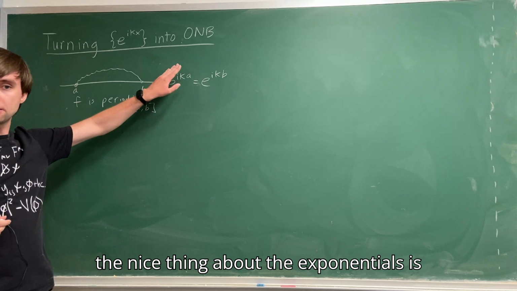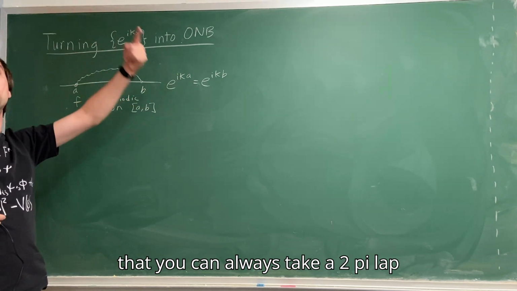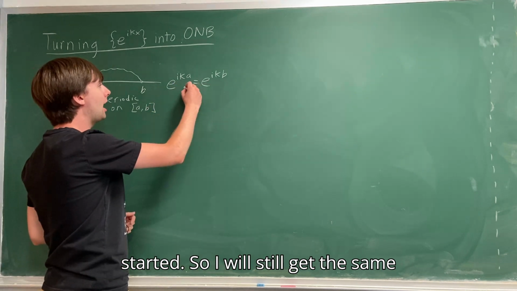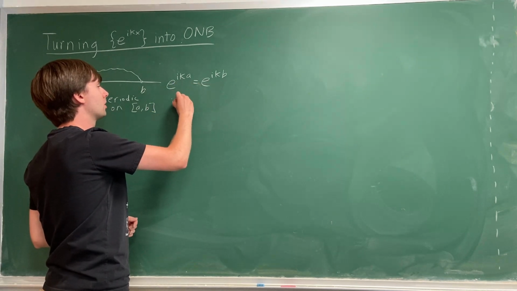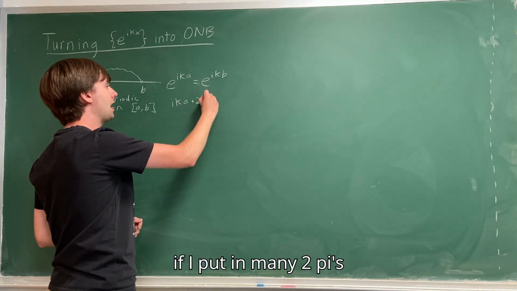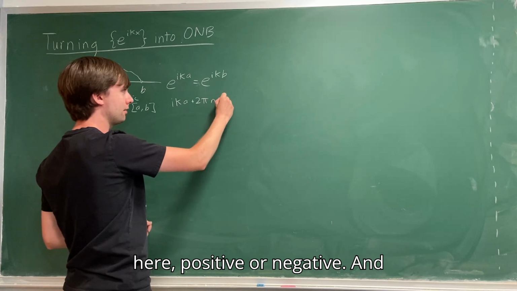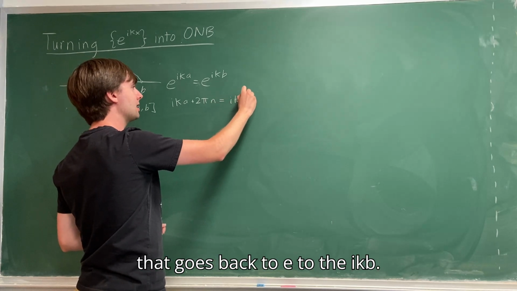Now, the nice thing about the exponentials is that you can always take a 2 pi lap around and come back to where you started. So I will still get the same results if I put in many 2 pi's here, positive or negative. And that comes back to e to the i k b.